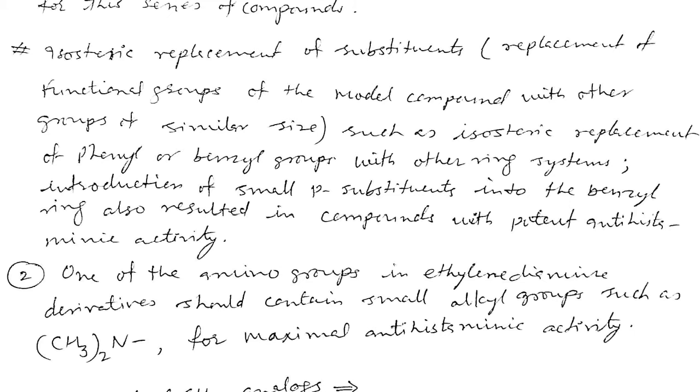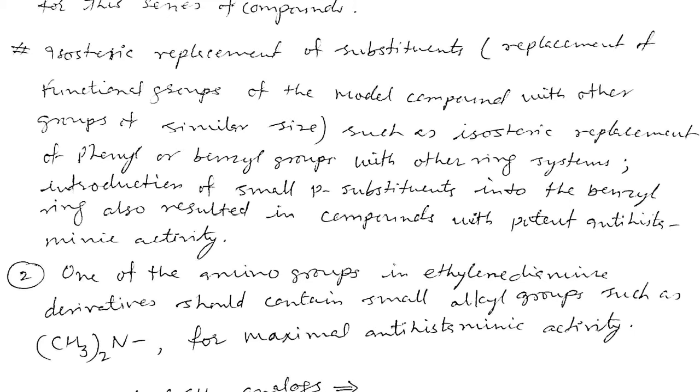In the ethylene diamino group, one amino group should contain dimethyl substitutions, and the other nitrogen should contain a heterocyclic aromatic group, such as phenyl, benzyl, pyridine and thiol, which we have discussed in a number of compounds.